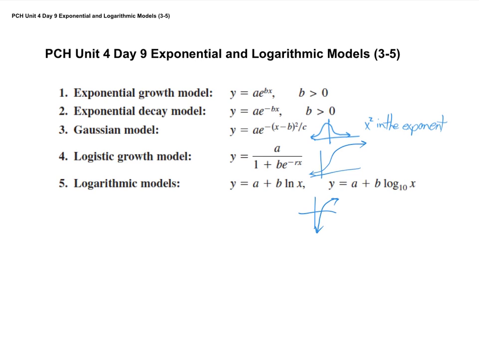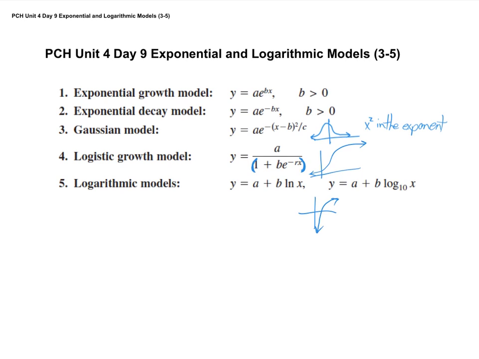All right. Now, the key part in this is that you have this binomial in your denominator that includes the exponential portion of the model. So we have an e to the x power in the denominator of the fraction.